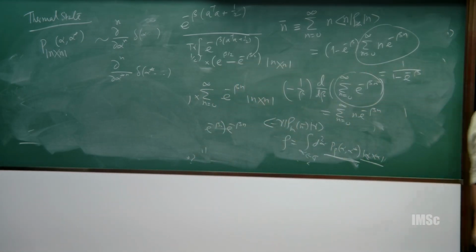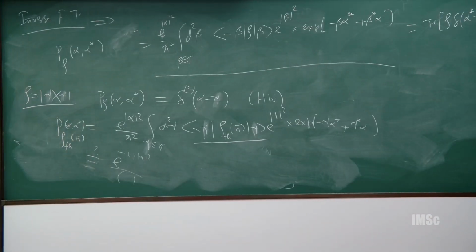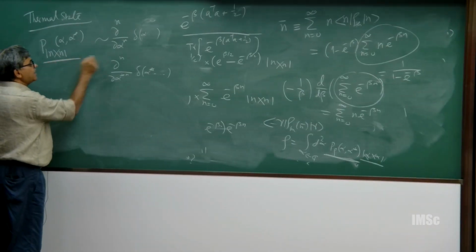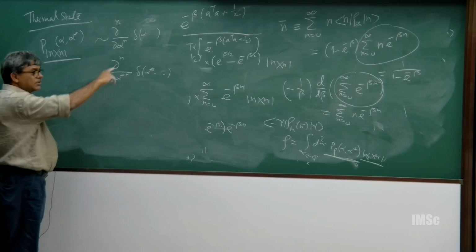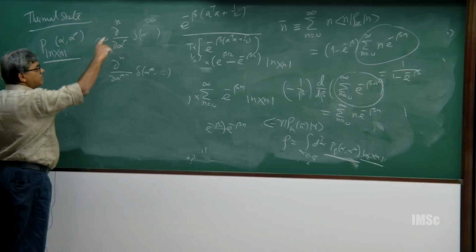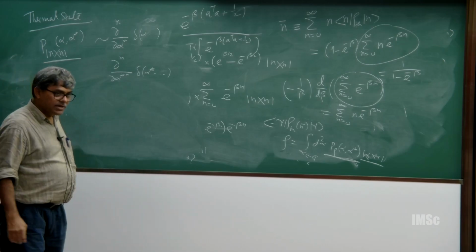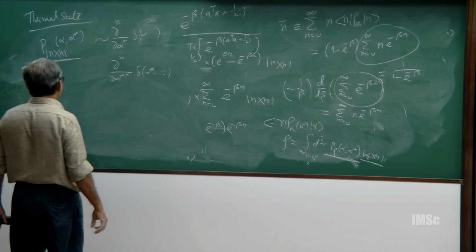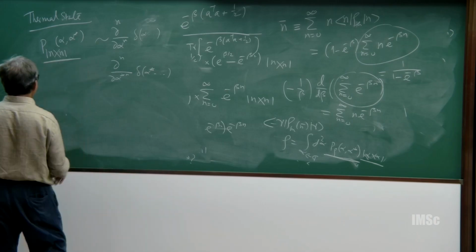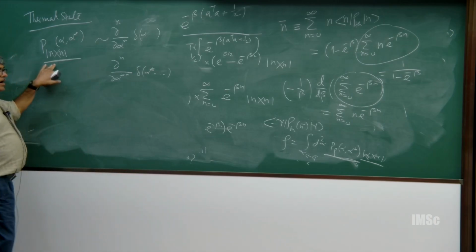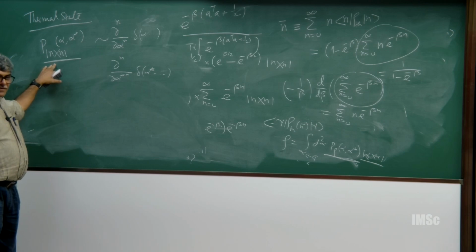Just take here n. So, you see that for a Fock state, this P distribution function is highly singular, because this is the nth derivative of the delta function. Okay. This is kind of expected, because Fock states, photon number states, are very non-classical states.